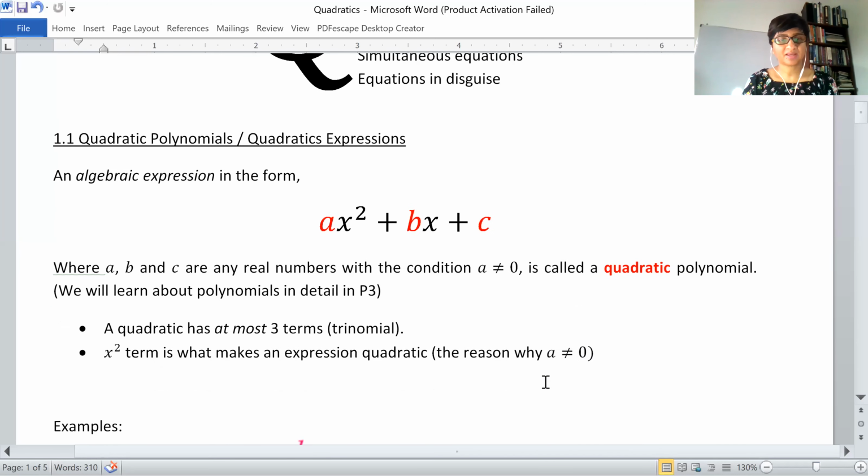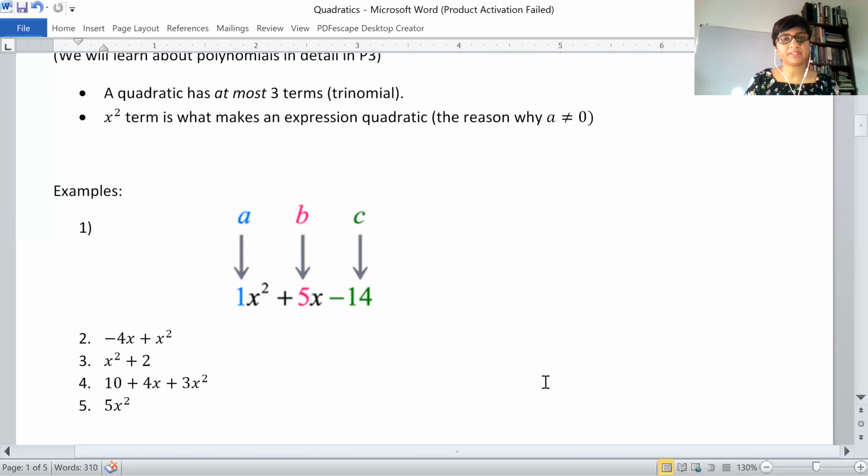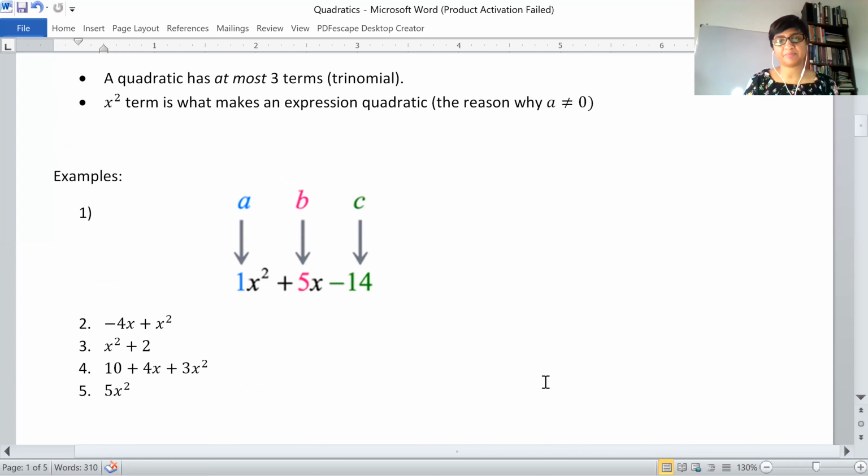And then some examples. I have given here 5 examples. In the first example, I'm showing you what the a and the b and the c are. So a and b are the coefficients of the x square term and the x term, and c is just your number.